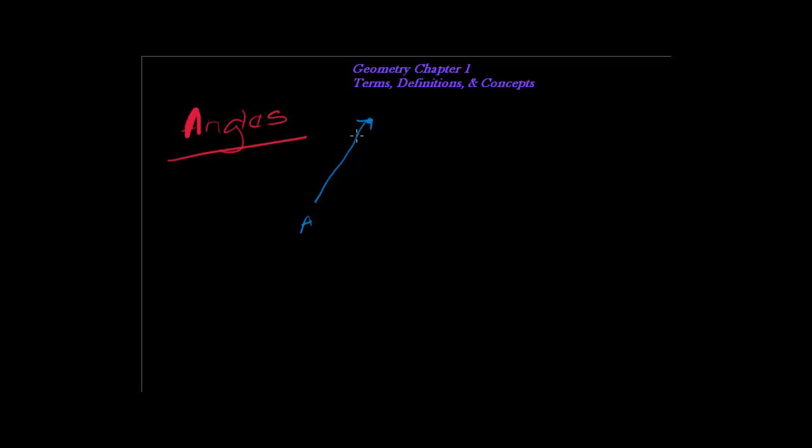So let's say we have ray AB over here and ray AC over here. By definition now, we have established what we call an angle here.